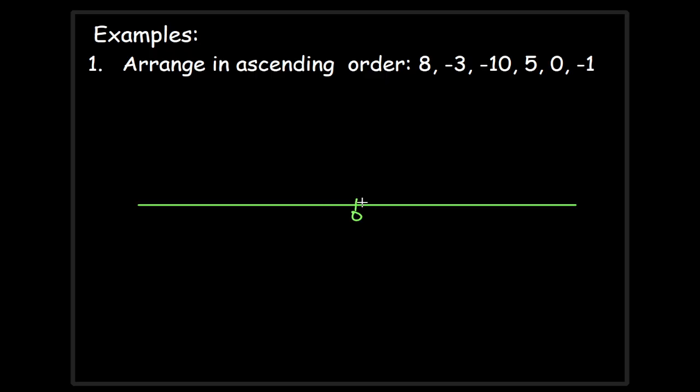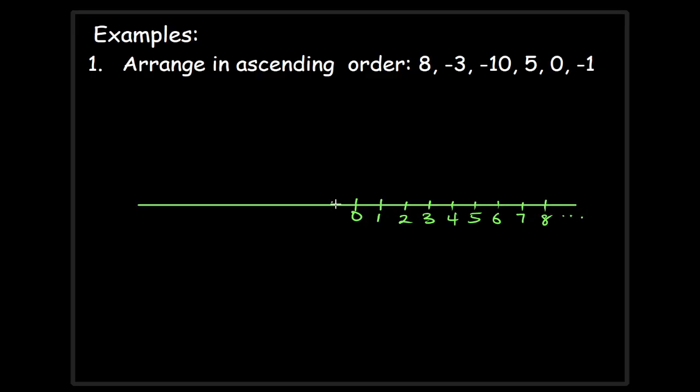Going to the right, we have the positive ones: 1, 2, 3, 4, 5, 6, 7, 8, and so on.